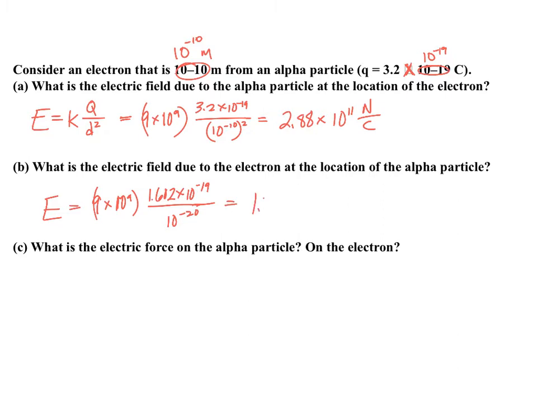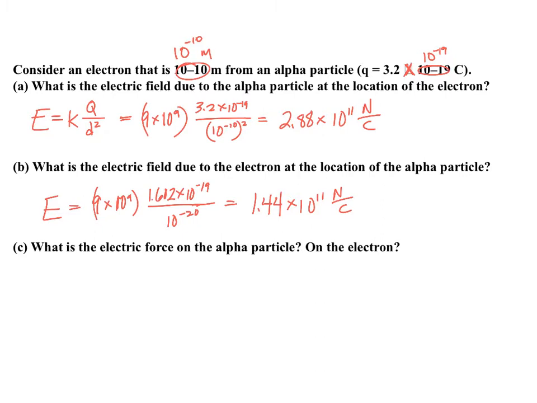And so this one is 1.44 times 10 to the 11th newtons per coulomb. They're on par with one another. So remember, in the electric field equation, what's the electric field due to fill in the blank? Well, the charge of fill in the blank is what goes into that formula. And the distance that that thing is from whatever is going to feel that field goes into the formula.